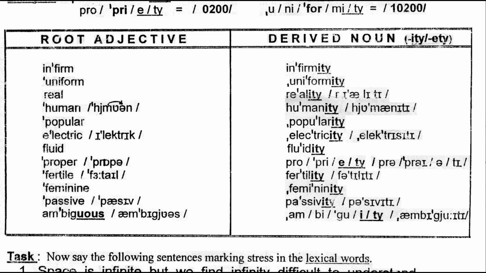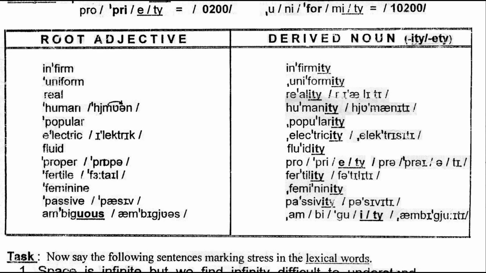The derived noun is humanity, so the stress is on the antepenult. Next word is popular, stress on po, and when we add ity, it becomes popularity, stress just before that suffix, on the antepenult. Next word is electric, and when we add ity, it becomes electricity, on the antepenult as usual.